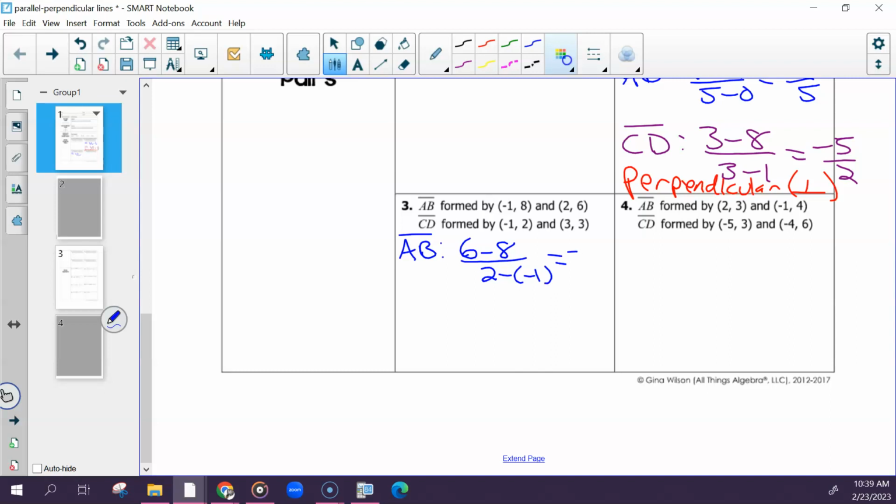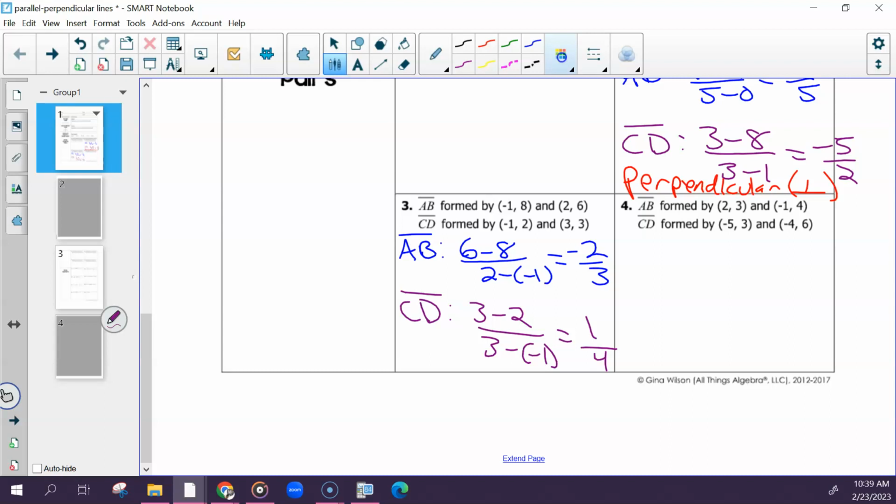Negative 2 over positive 3, or just negative 2/3 total. Find your slope for CD. 3 minus 2 over 3 minus a negative 1. What would that slope be? 1 over 4.